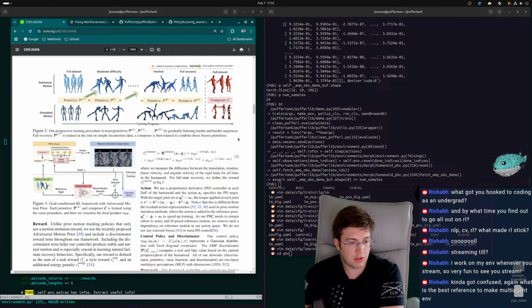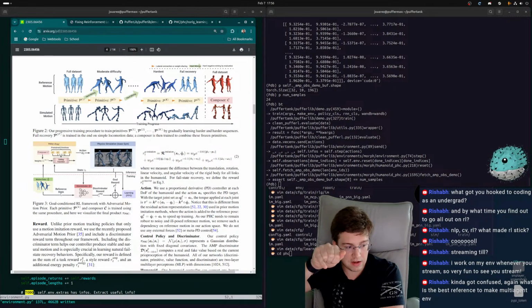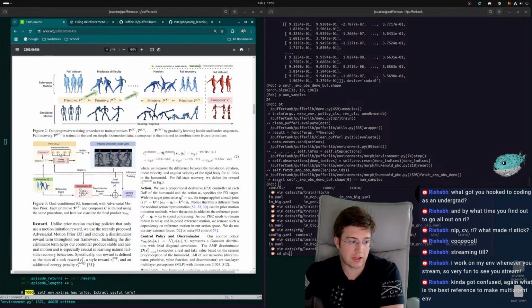It's actually motion plus matching, right? But if I don't do this, I don't know how to match up the AMP observations to the actual trajectories without doing it in the environment. Because all these are going to go into a big experience buffer, and the experience buffer puts everything together flat, and they're not going to have the same trajectory length or anything. So once they're in there, I have no idea how we match up.